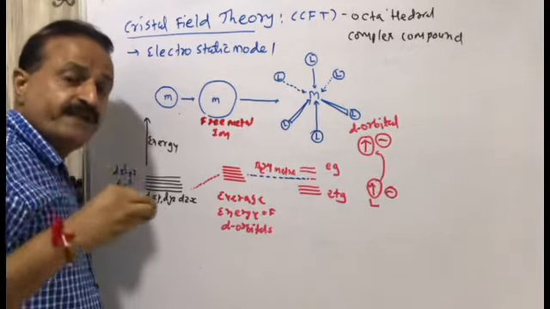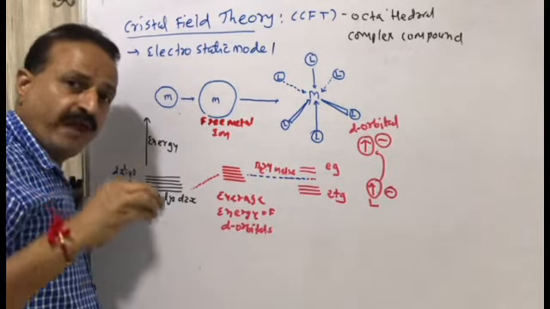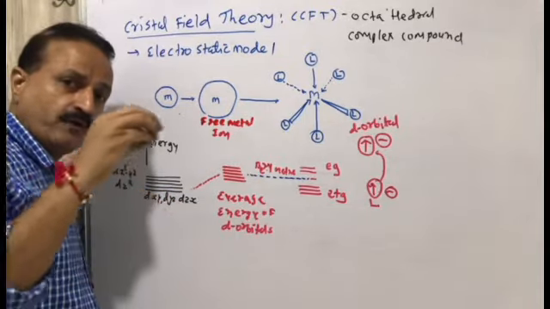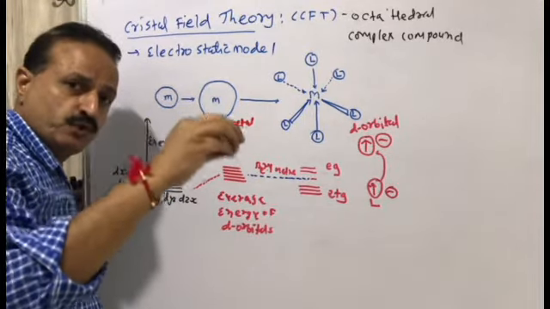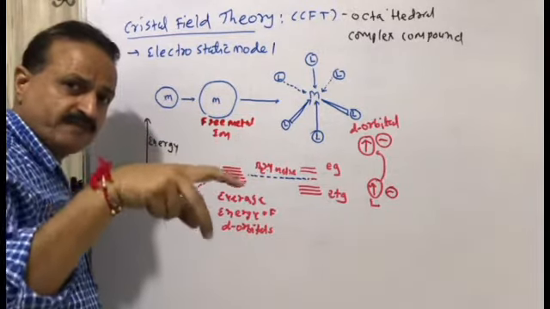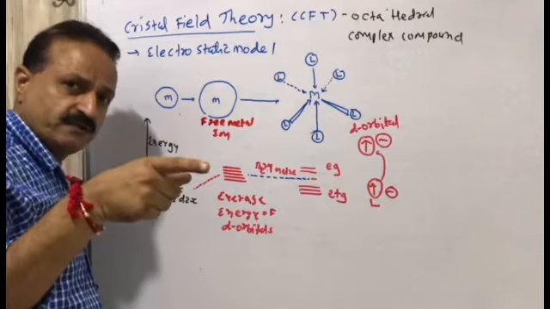Splitting is possible when the ligand's electrons approach the metal's d orbital electrons. Same charge electrons get repulsion.